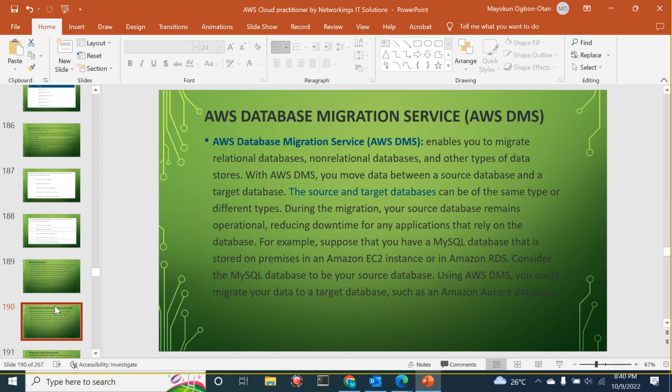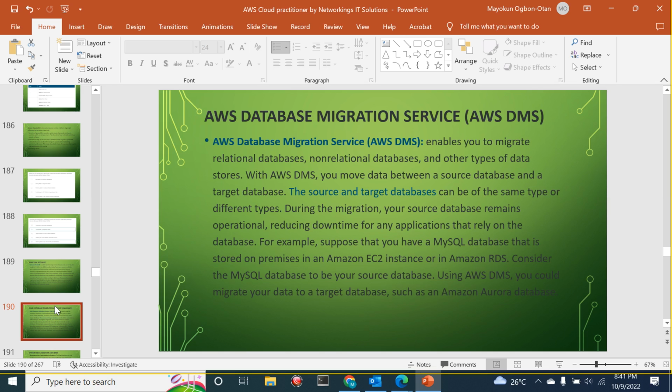Source is where you're migrating from, and the target is where you're moving it to. Fantastic. Source database is your current on-premise database you are using, and the target is the new database in the cloud that you are intending to migrate to, right?